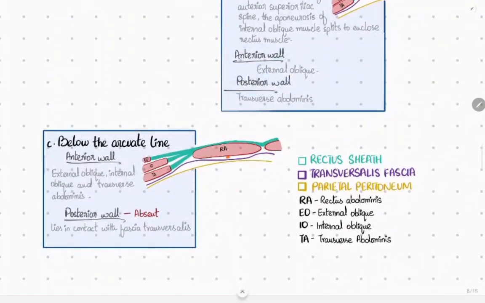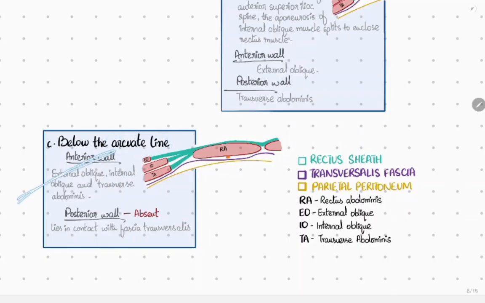The last and third level is below the arcuate line. We are clear about the concept of the arcuate line. It is the site where the posterior lamina of internal oblique moves forward or ends.